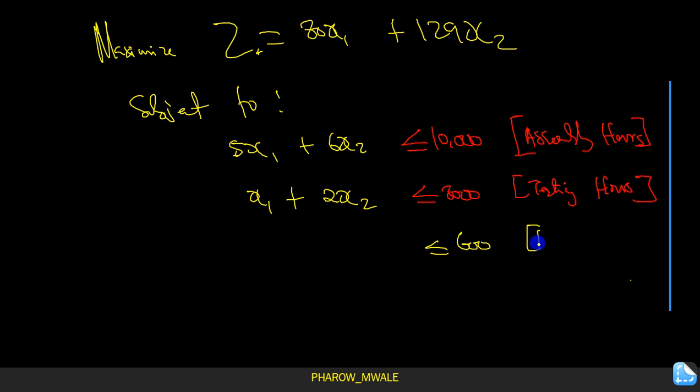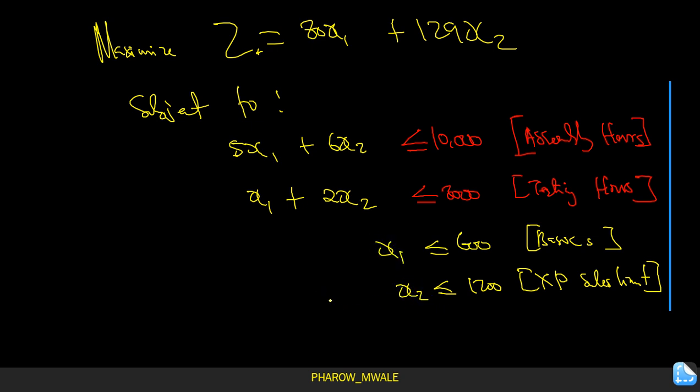So this is the basics sales limit constraint, and it can sell 1,200 for the XPs. So this is the XP sales limit, and you can see the same thing for the basics sales limit. So just say x1 here and x2 there. And the last thing we're going to do is our non-negativity constraint.